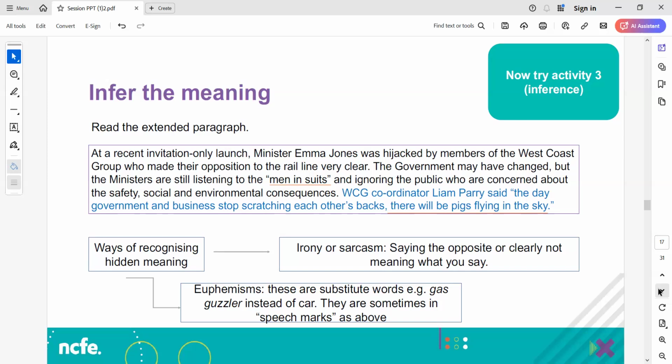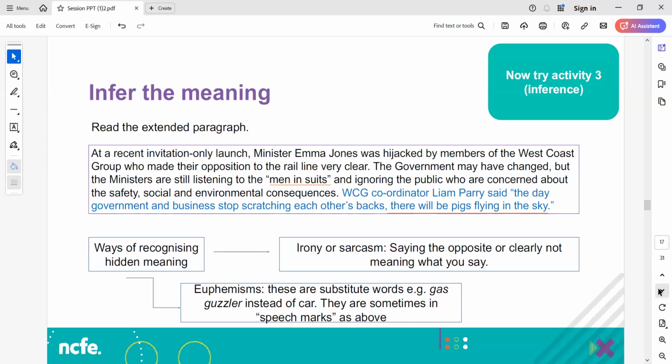So obviously our brains work extremely quickly, and all this work our brains are doing to link the clues and understand is done very, very quickly. But we are having to do that. The meaning is not explicit. We have to infer it. And yes, so euphemisms, we can see an example there, men in suits.